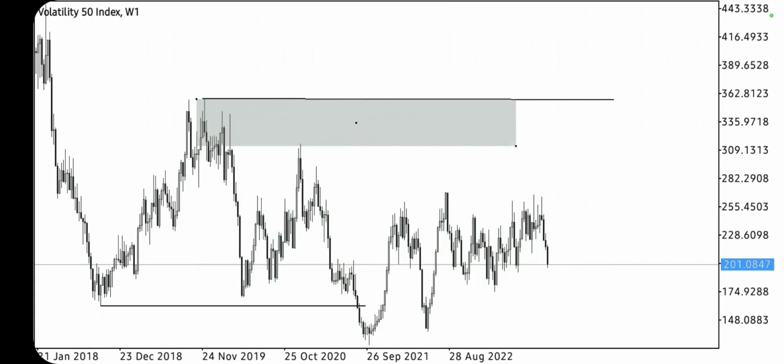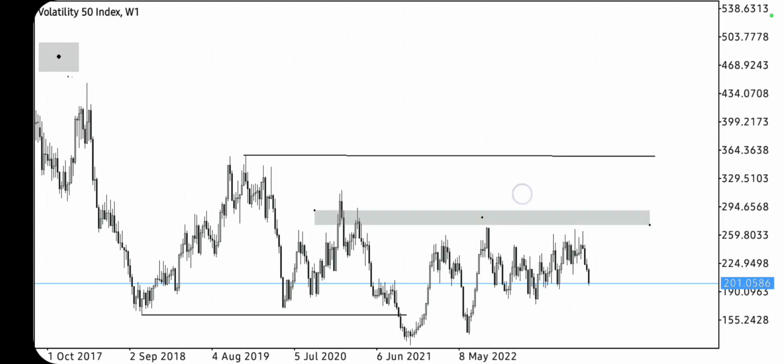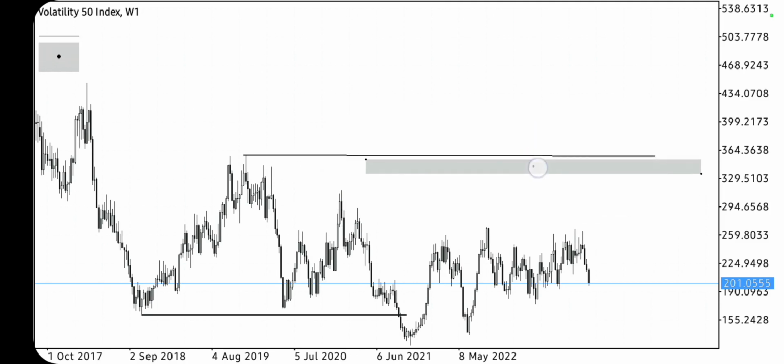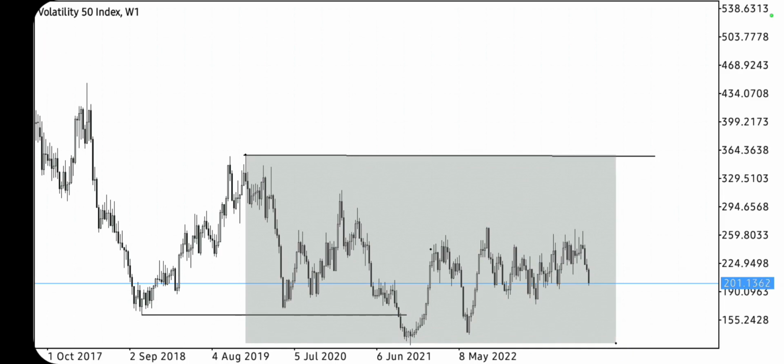In fact, the market can decide to take this high off. It is not a break of structure yet until we have a break of structure of this protected high. So I am looking into this range, from this high to this low.